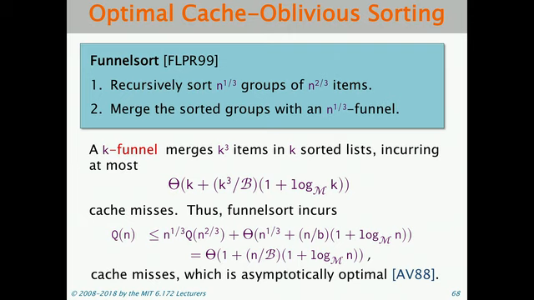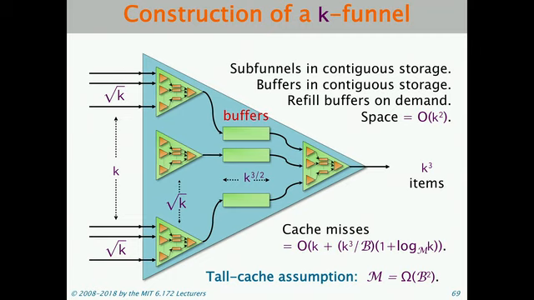I'm not going to have time to talk about the details of the funnel sort algorithm, but I do have time to show you a pretty picture of what the funnel looks like. This is what a K funnel looks like. It's recursively constructed. We have a bunch of square root of K funnels inside. They're all connected to buffers, so they feed elements to the buffers, and then the buffers feed elements to this output square root of K funnel, which becomes the output for the K funnel.